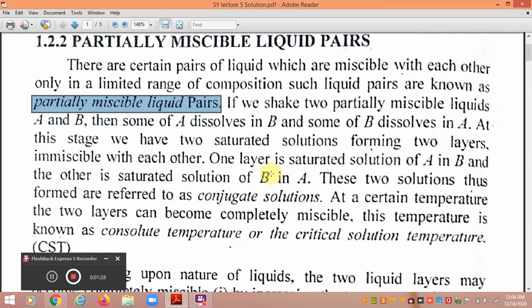If we take two partially miscible liquids A and B, then some A dissolves in B and B dissolves in A, and at this stage we have two saturated solutions which form two layers.